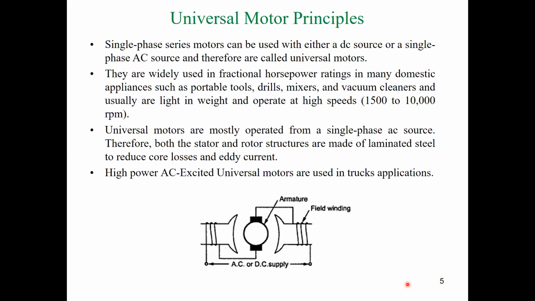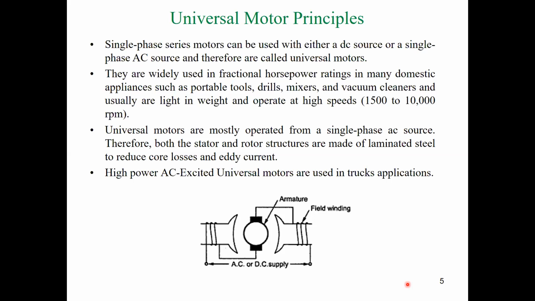Also, universal motors are mostly operated from a single phase AC source. Therefore, both the stator and rotor structures are made of laminated steel to reduce the core losses. You know, for AC supply, Shabab, we need to make the cores as slices, or laminated steel, because we will have eddy current loss and hysteresis loss, and this increases the core loss of the machine.